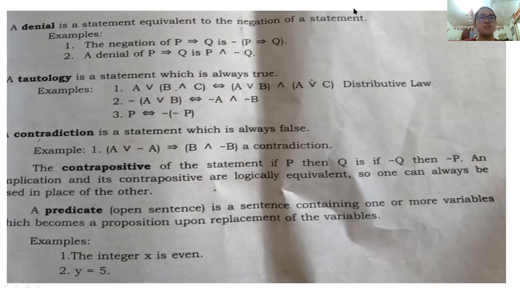So please take down note and remember these concepts or the definitions of each term I mentioned here in logic, because later on we will have a separate discussion of logic. Please do not forget the definitions because we will explore more of this soon.